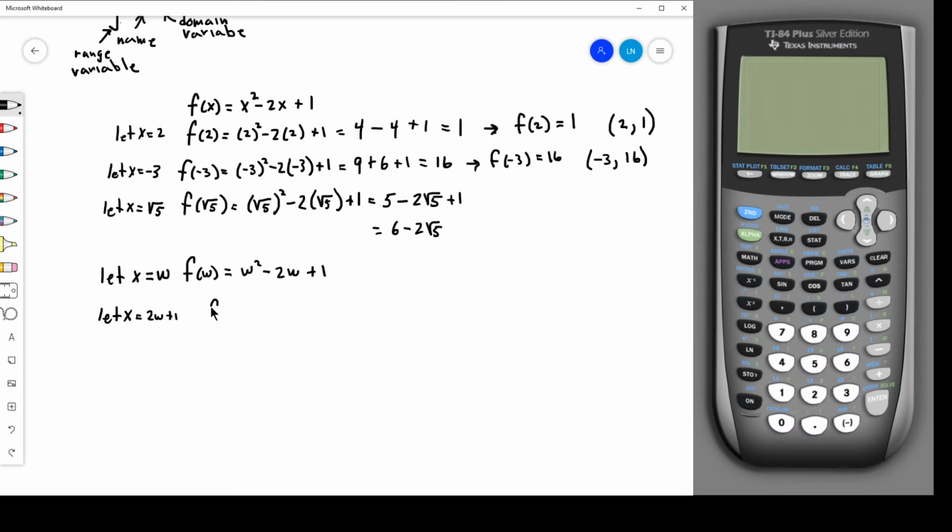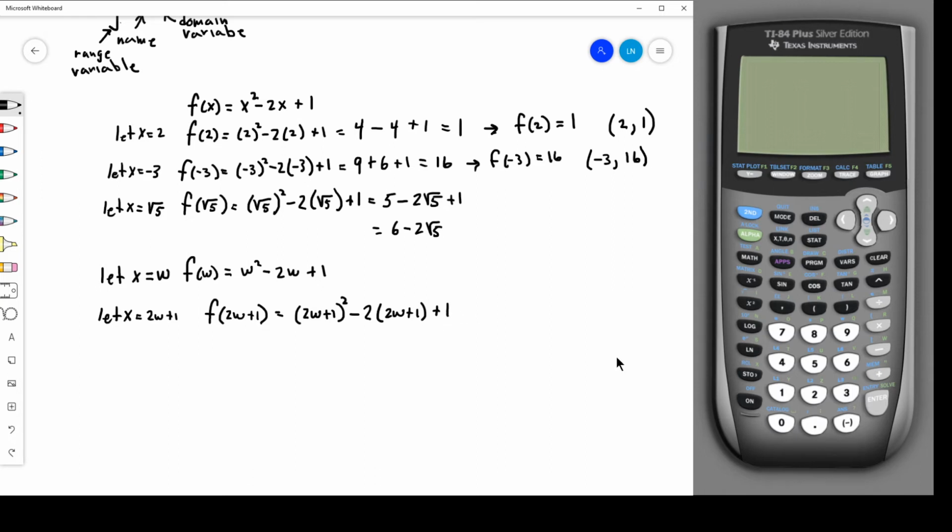So then f becomes f of 2w plus 1, which means I need to replace all of my x's up there with 2w plus 1. So that means (2w plus 1) squared minus 2 times (2w plus 1) plus 1.